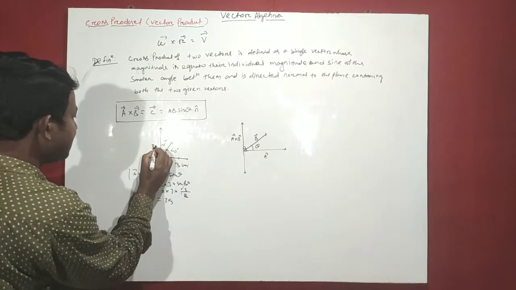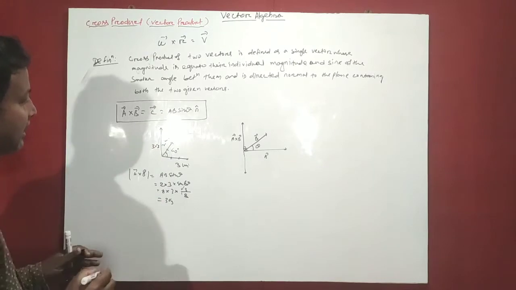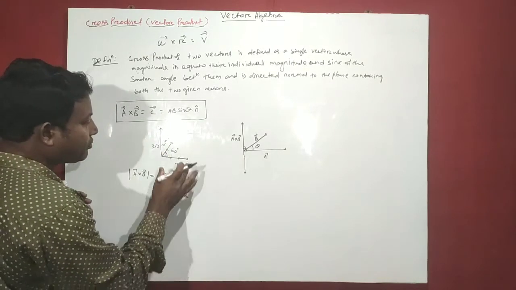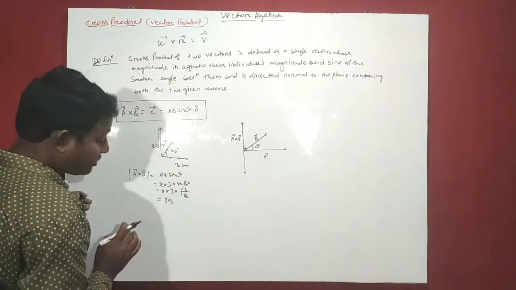This will be 3 root 3 units in the direction perpendicular to the plane containing A and B, the 3 unit and 2 unit vectors.